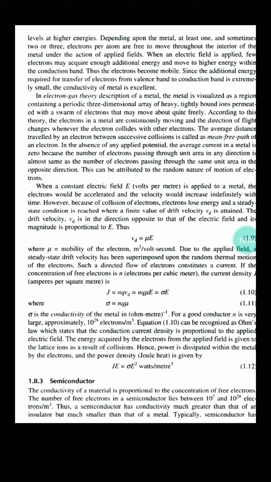Due to collisions, those electrons have some velocity, and that velocity is nothing but the drift velocity. How do they get it? Only because of applying an electric field.